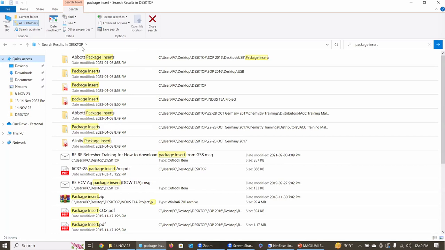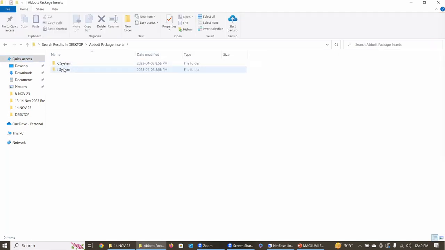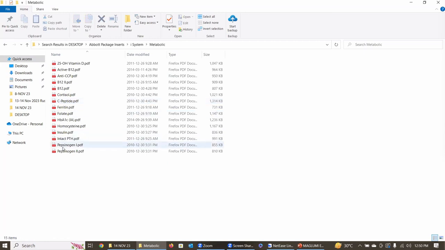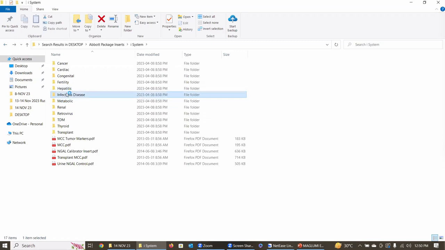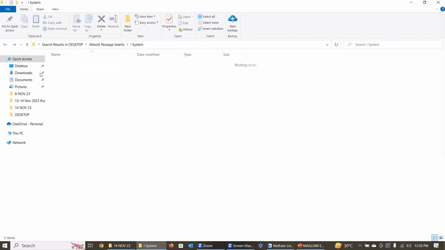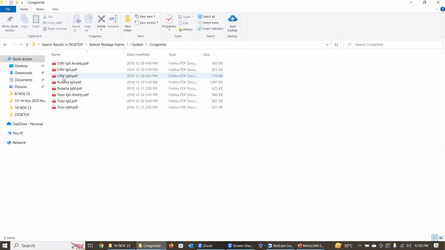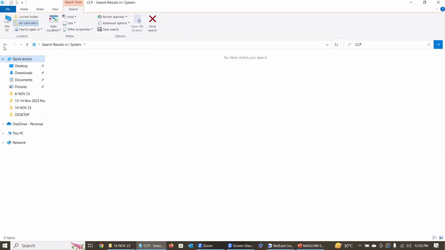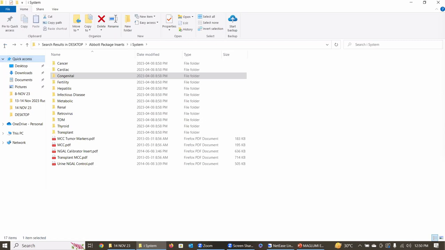If Abbott package inserts, iSystem, that was metabolic. They have infectious. No, that will come in the congenital. No, they have some. Let me check here. CCP. No detection.